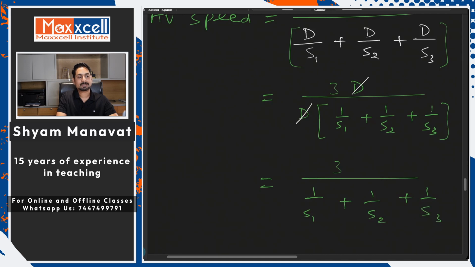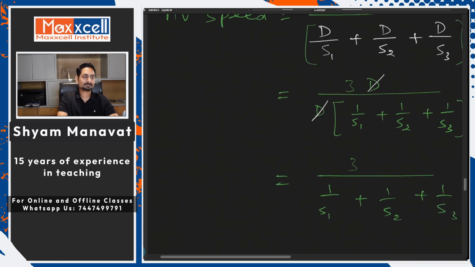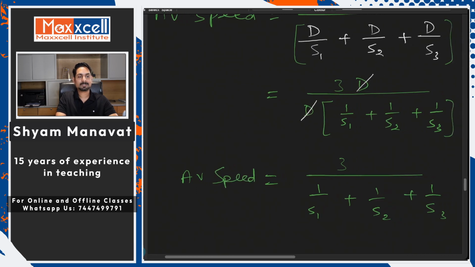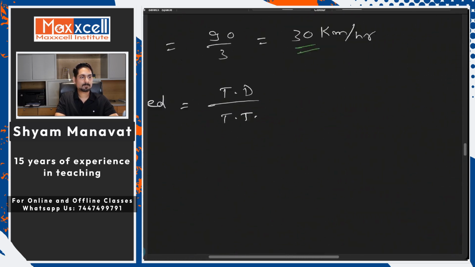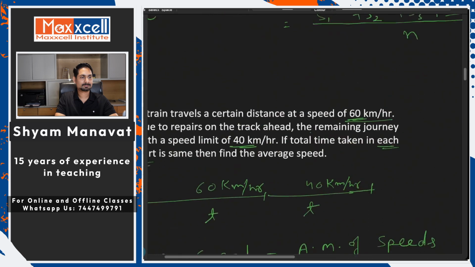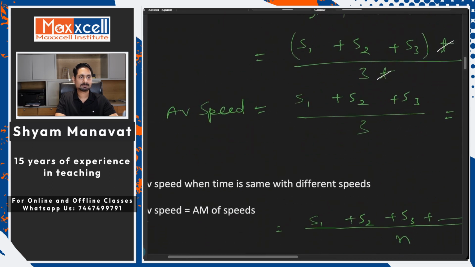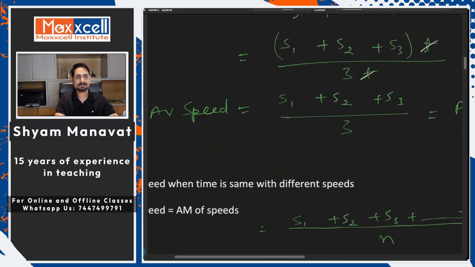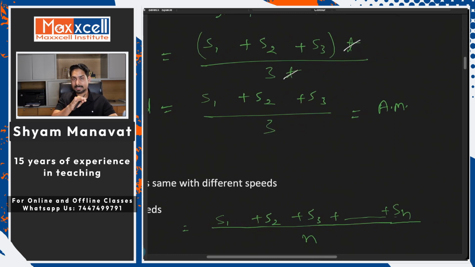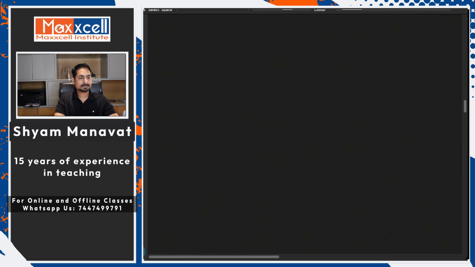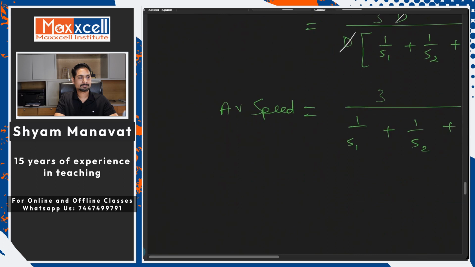Tell me, does it look like the arithmetic mean? What is the arithmetic mean? S1 plus S2 plus S3 by 3, sum of values by number of values. Does this look like the arithmetic mean?